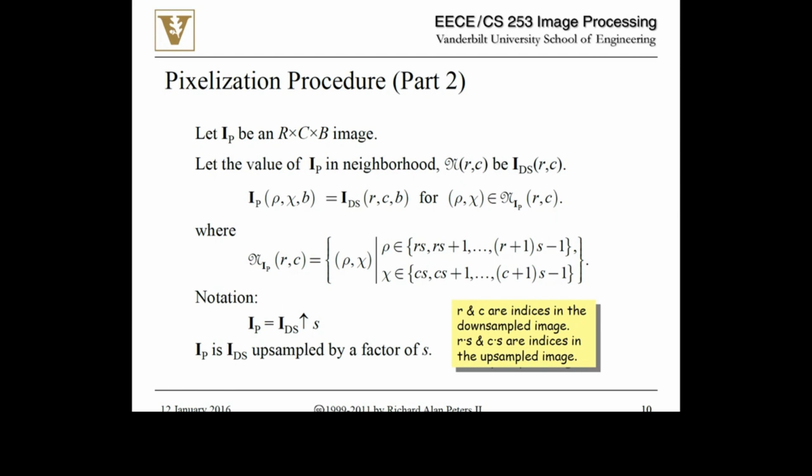So it is a coordinate in the output such that rho and chi fulfill this constraint. So it is r here, instead of delta it is using s. So it is r delta plus 1 up to r plus 1 delta minus 1.